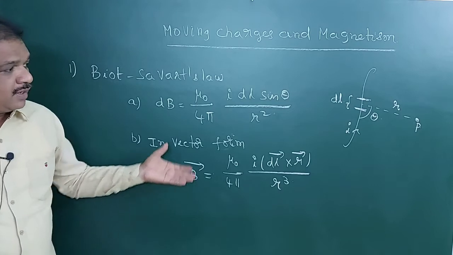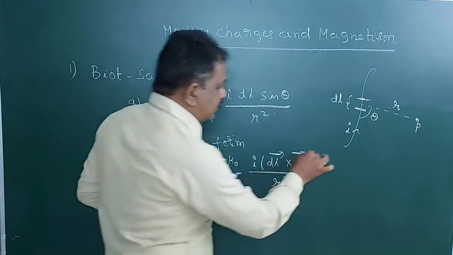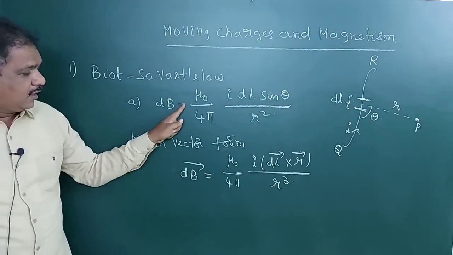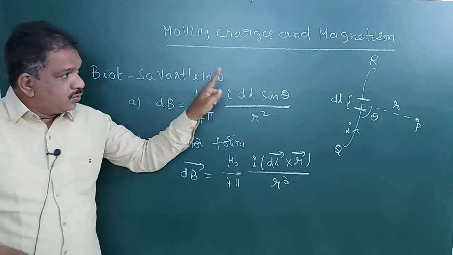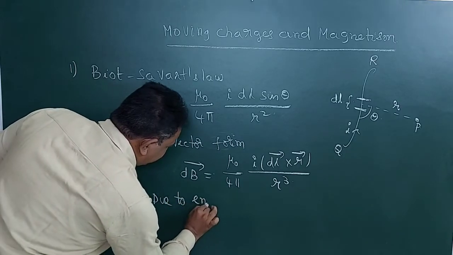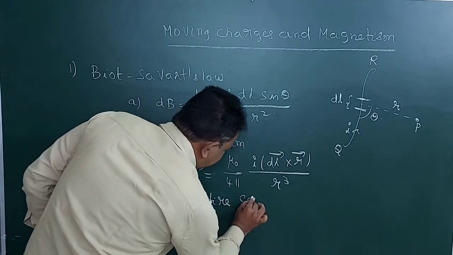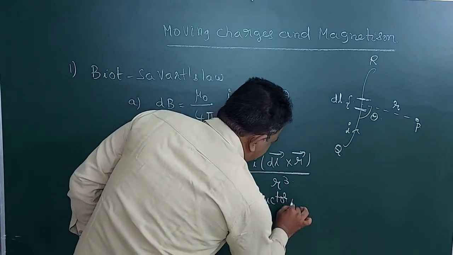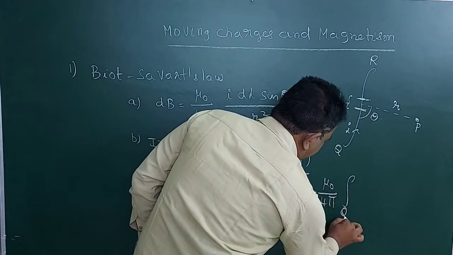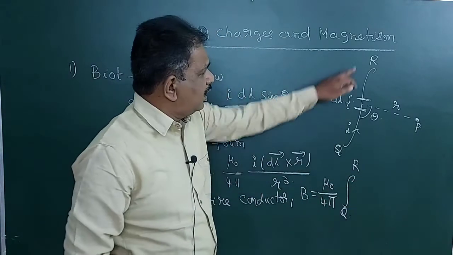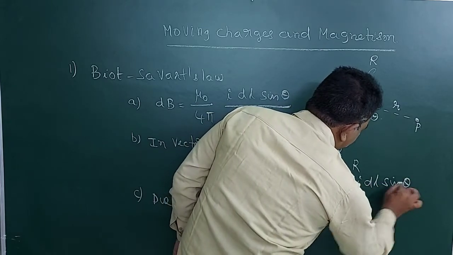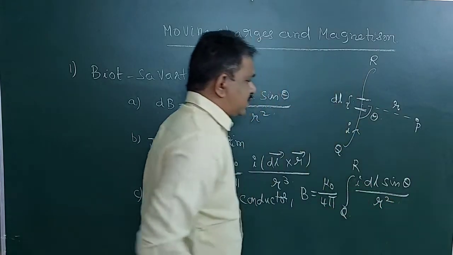If they ask what the magnetic induction is due to the entire conductor, rather than due to the current element, then for the entire conductor, B is equal to mu naught by 4 pi integral over the total length, I dl sin theta by r square.